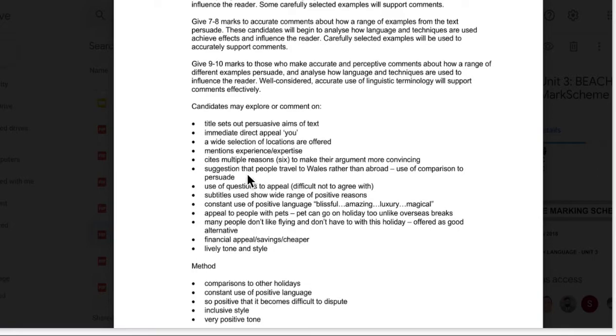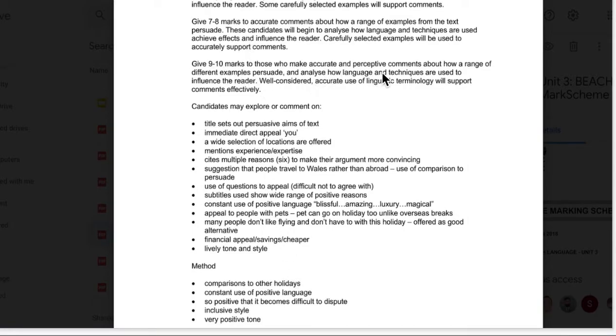Yeah, we chose not to talk about the questions. We did talk about the subtitles, did talk about the positive language, we talked about pets, we talked about the finance. Yeah, we didn't mention the overall lively tone and style. Yeah, it's quite engaging, quite friendly. Okay, but we'd certainly be looking at 9 to 10.